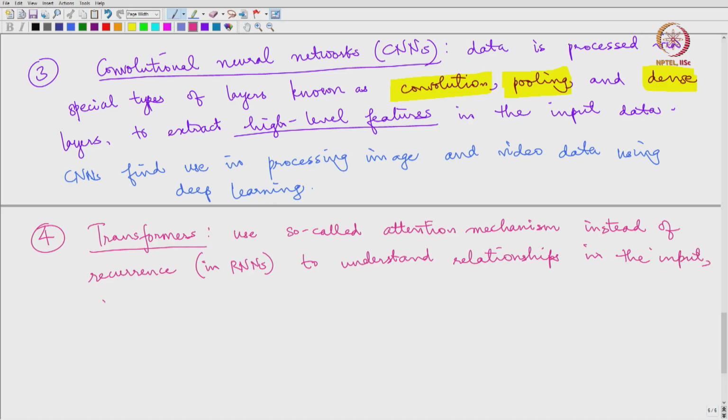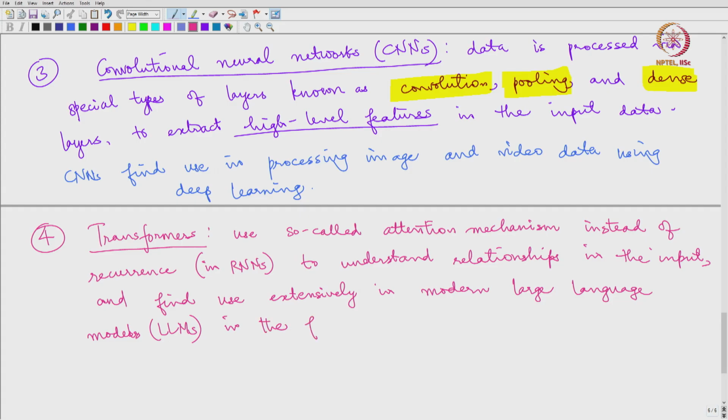and these find use extensively in modern large language models, LLMs, in the field of natural language processing, or NLP.